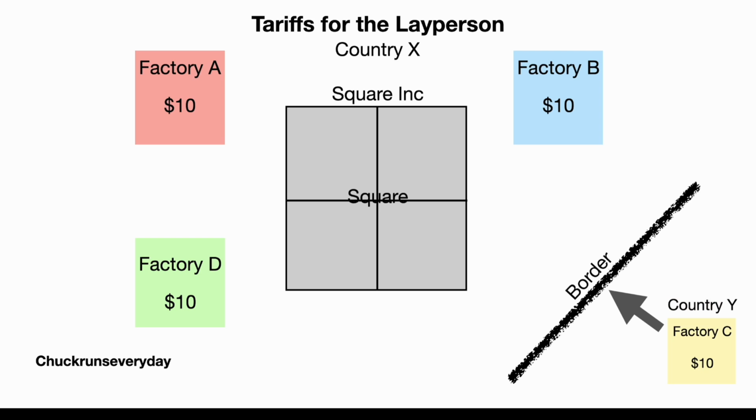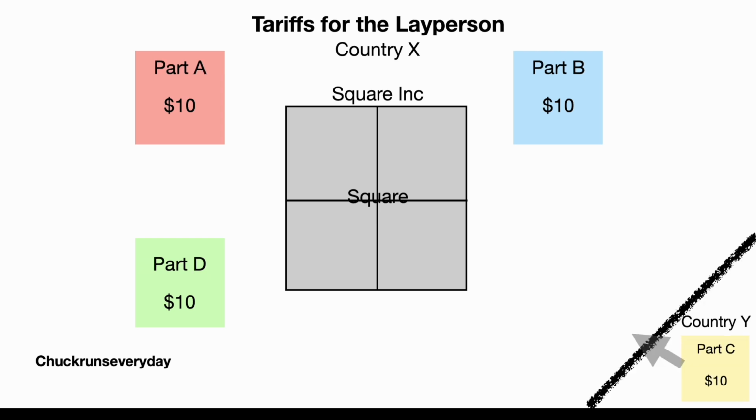All right, so as I said, they're $10 each. So each factory, basically, it costs them $10 to get these parts for the actual square. Factory C's part also costs $10 for now. But Country X decided to impose a 25% tariff. So the tariff is at the border and it's on Country X's side.